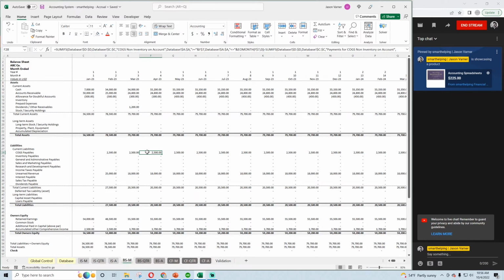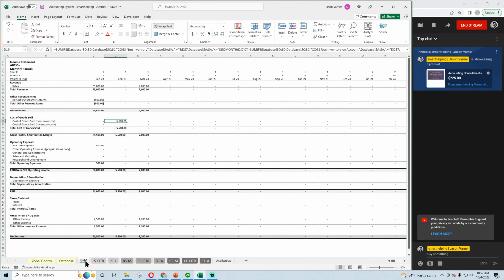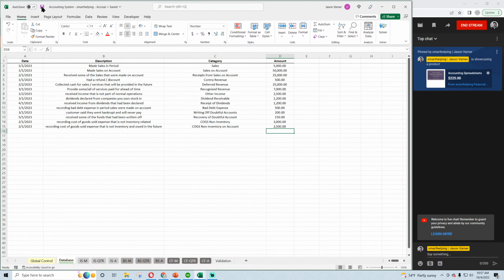Cash is not affected. So we're adding back the non-inventory paid on account. So zero effect there. You're recognizing that expense in this month.